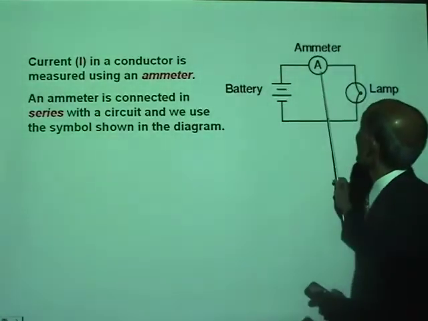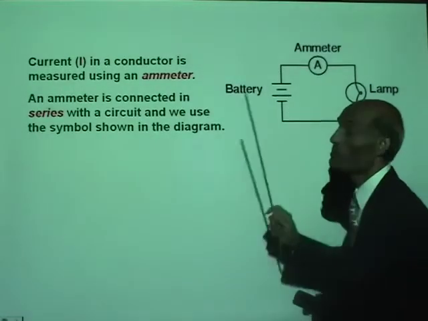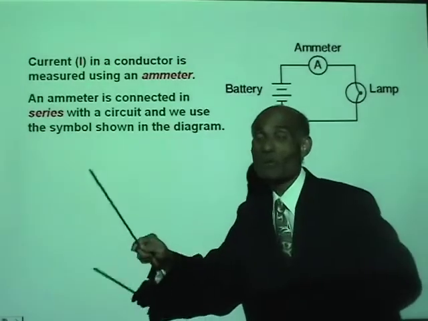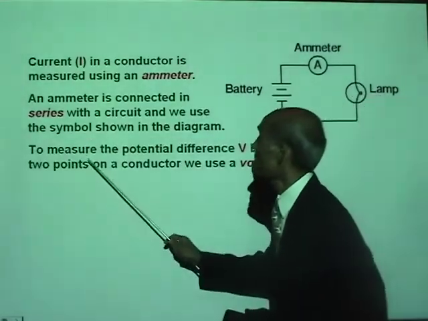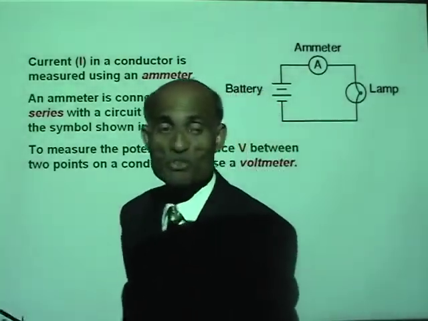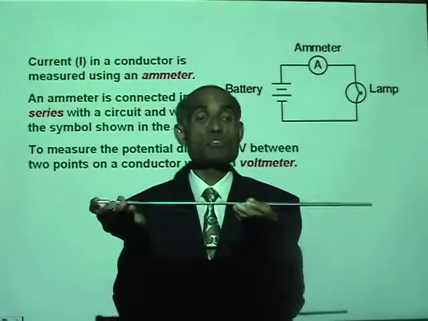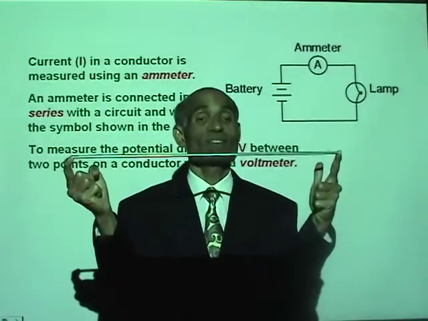Now that means an ammeter is always connected in series because you want to measure the current flowing in the circuit. Now, to measure the potential difference V, remember, potential difference is always between 2 points of a conductor or a resistor.